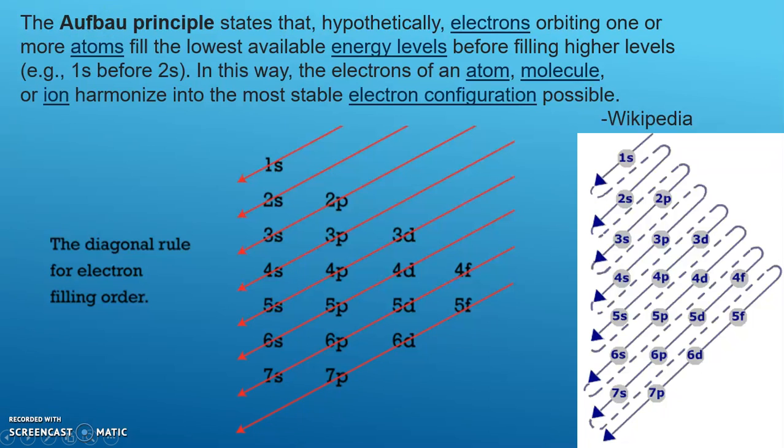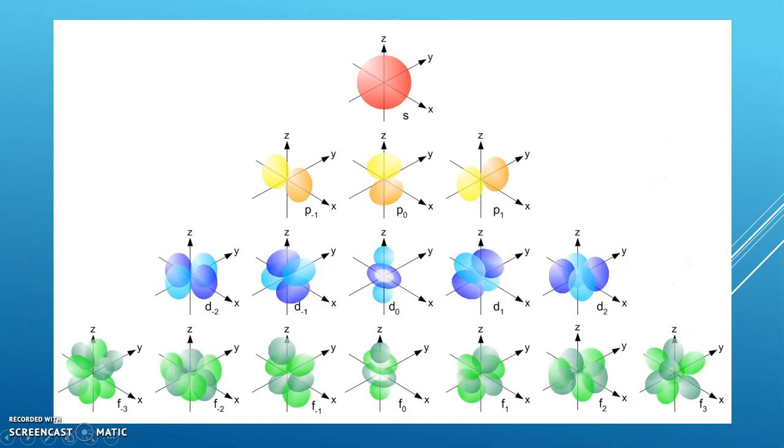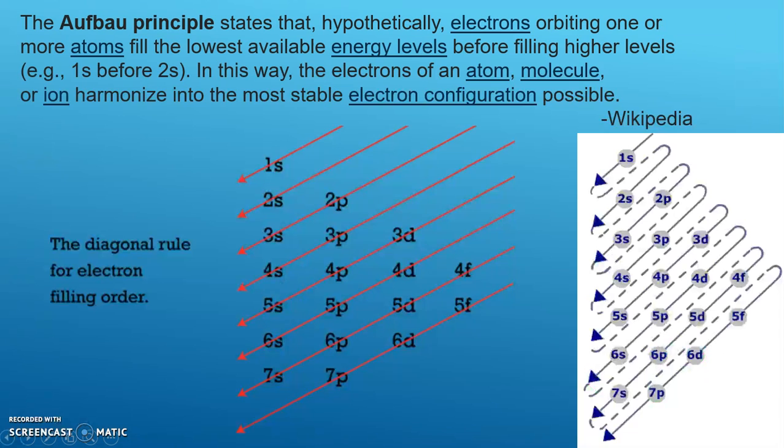Basically what it says is that I have electrons that I'm putting into these orbitals or shells, and it turns out that certain ones have less energy than the other ones do, and so it wants to fill those first. So it always fills the lowest available energy levels before filling up the higher ones.